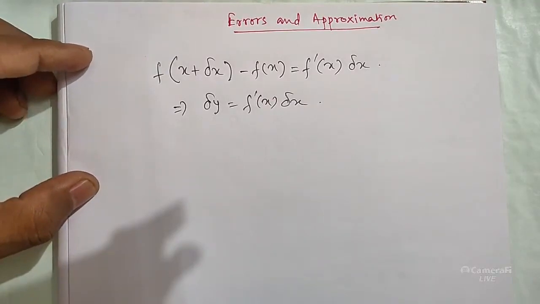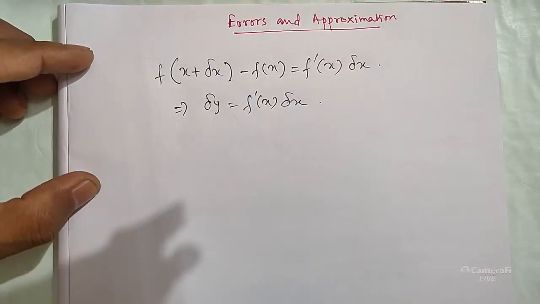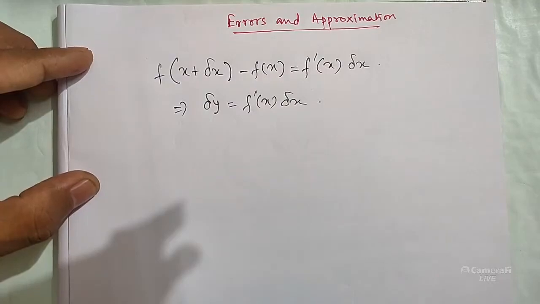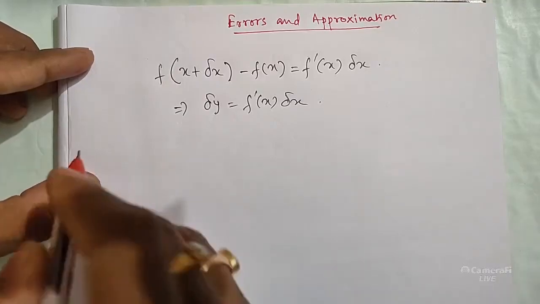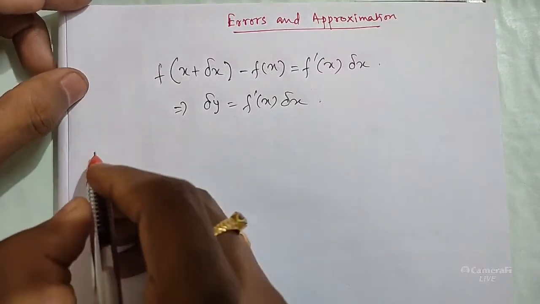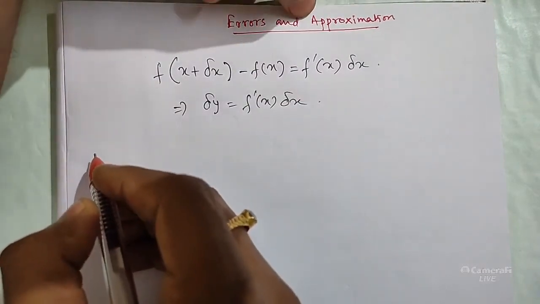Δx by x is called relative error, where Δx is called the absolute error. Now, how to solve the questions of errors and approximation we have already done. So a few more exercises and important questions we will solve today.